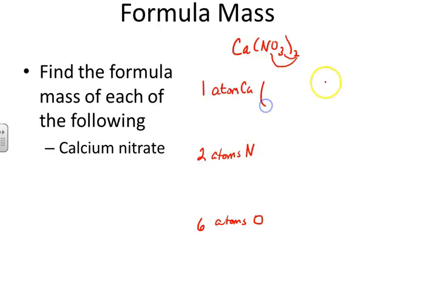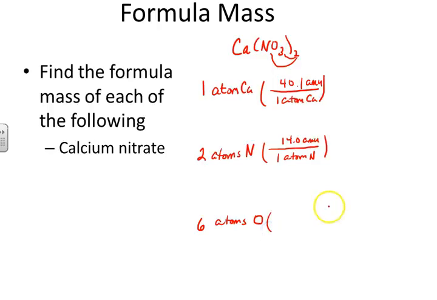Every 1 atom of calcium is 40.1 AMU, every 1 atom of nitrogen is 14.0 AMU, and again, every 1 atom of oxygen is 16 AMU. I'm taking all these masses to 1 sig fig.